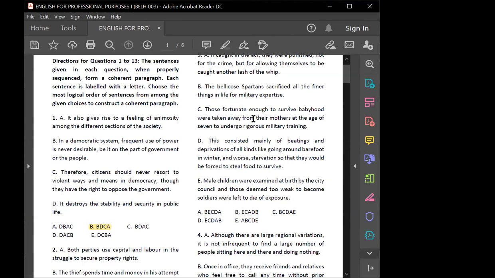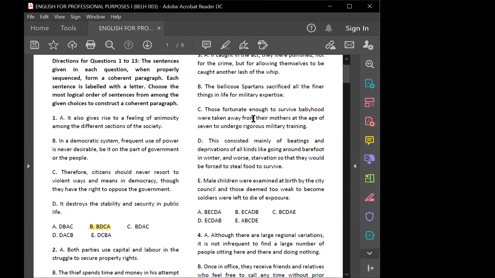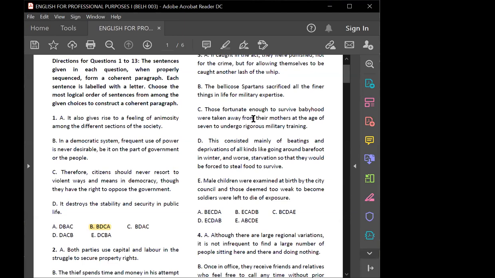Anybody else in the class? Nidhi, Subhanshi? Sir, according to me, I agree with Astha. Okay. So here it also refers to what? Option A. Sir, wait, BDAC.